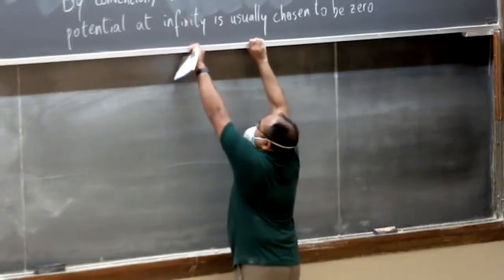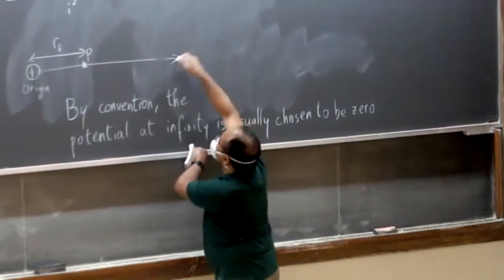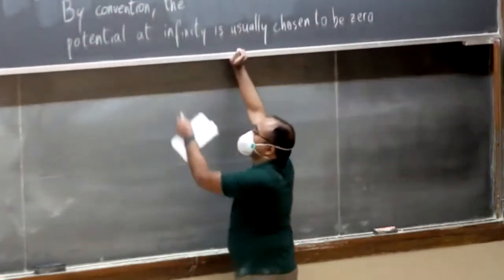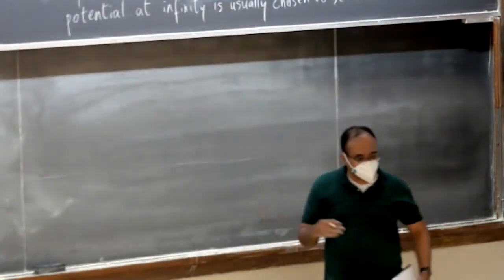So this arrow is just the axis here. So any questions about the setup?